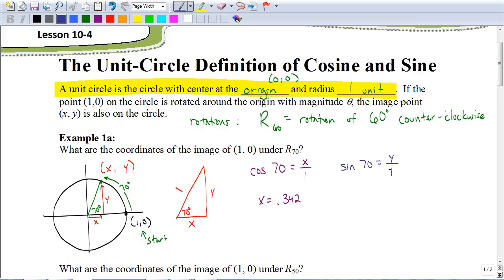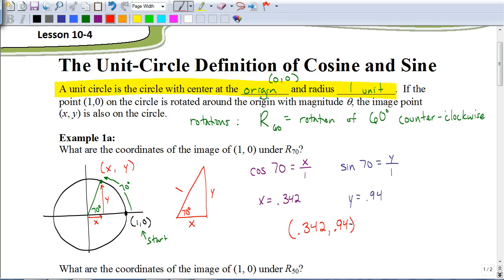So it's going to be the sine of 70, which gives me, I can round this to, 0.94. So the solution, the new location of where 1, 0 would be if I rotated it 70 degrees counterclockwise, would be at the point 0.342, 0.94. That would be my new location.